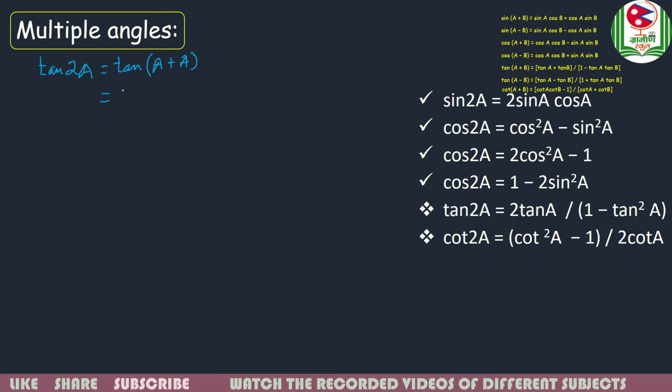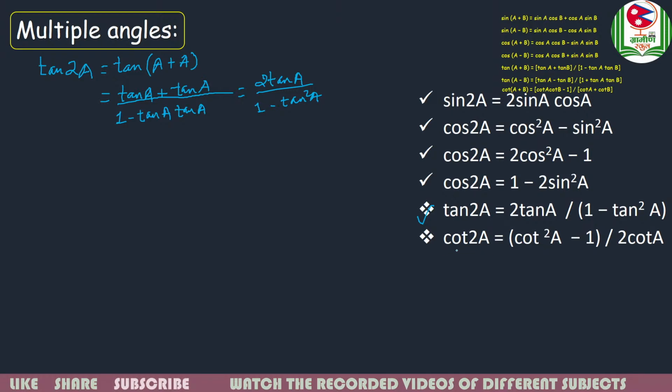So we will write tan a plus tan b, and here b is again a, whole divided by 1 minus tan a tan a. So the result is going to be 2 tan a upon 1 minus tan square a. So we have also proved this one, that is tan 2a equals 2 tan a whole divided by 1 minus tan square a.